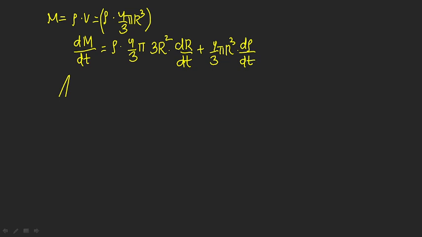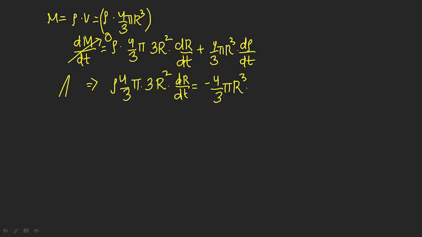Now as it is given that the mass remains constant, the rate of change of mass with respect to time will equal 0. On rearranging, we get rho into 4 by 3 pi into 3r square into dr by dt is equal to minus 4 by 3 pi r cube into d rho by dt.